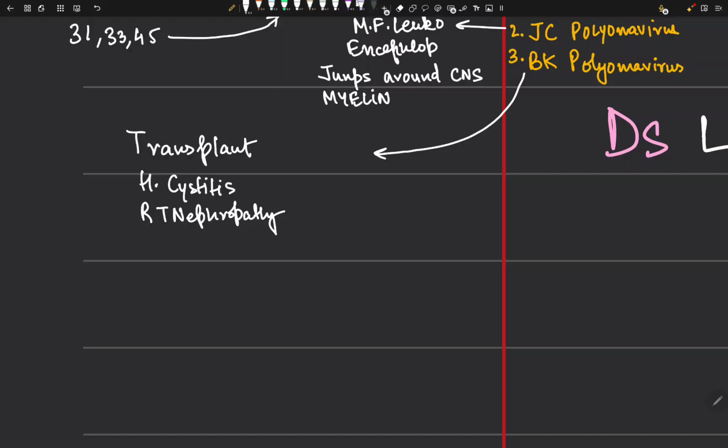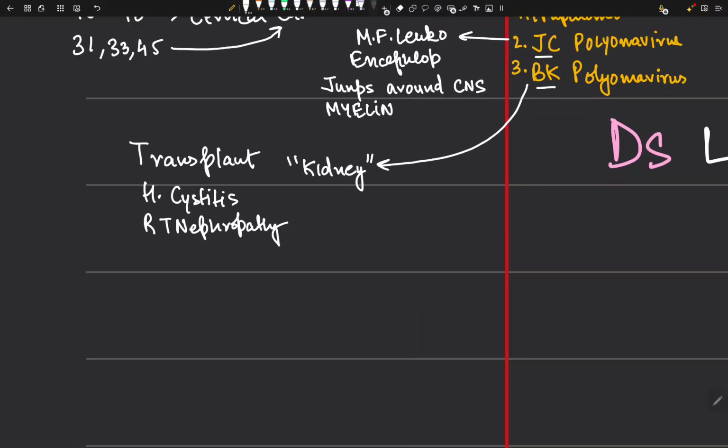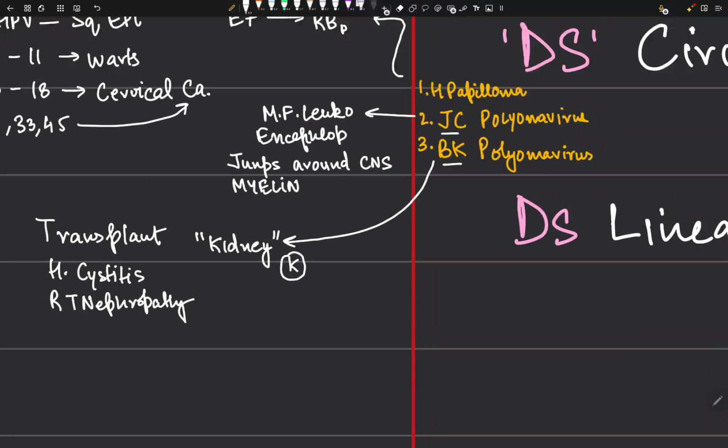Important. So JC is the brain, BK is the kidneys usually. So I'm gonna write kidneys. K stands for kidney here. Not really, but we're really trying to remember it. So BK is kidney and JC is jump around the brain.